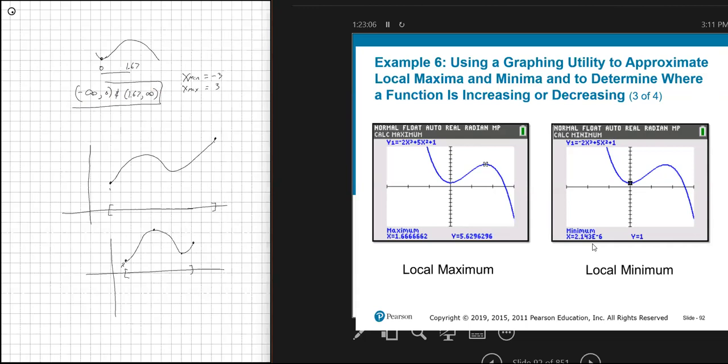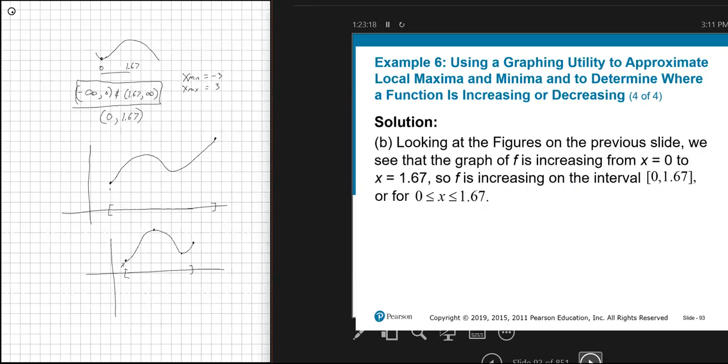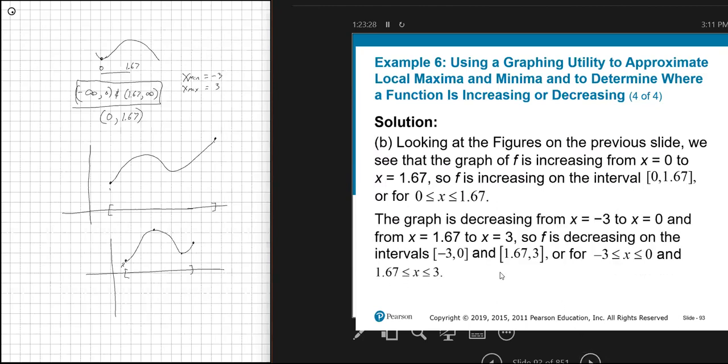So on these two intervals, it's decreasing, and between 0 and 1.67, it's increasing. And again, I used parentheses where they used brackets. So there's the increasing, and here's the decreasing.